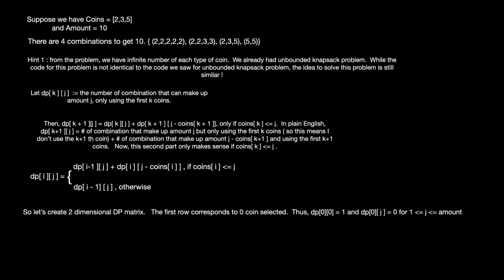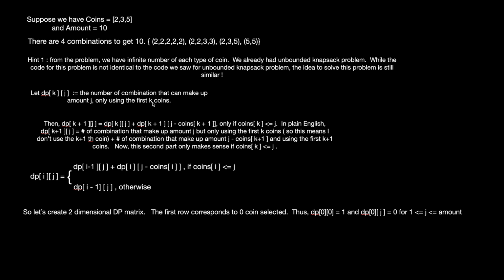Now, suppose we want to move to the next part. That means we are looking at dp of k plus 1, j. This means we are looking at the first k plus 1 coins. Here we only look at the first k coins, but the next part is we are looking at one additional coin that comes after the kth coin.